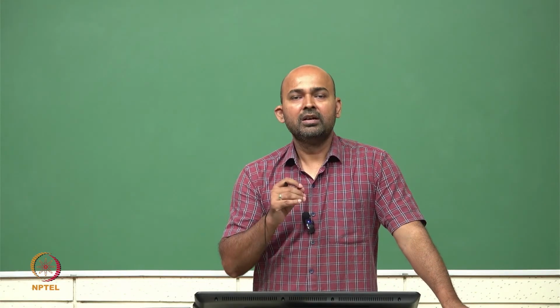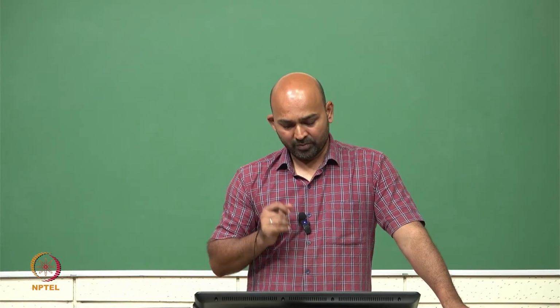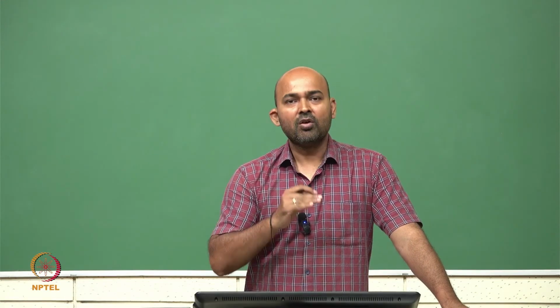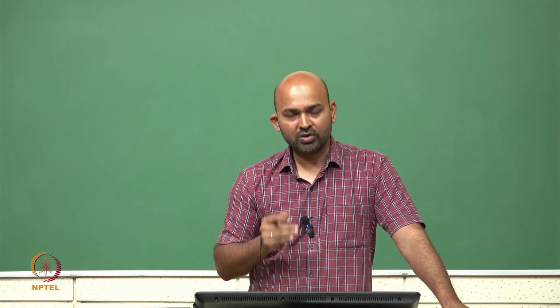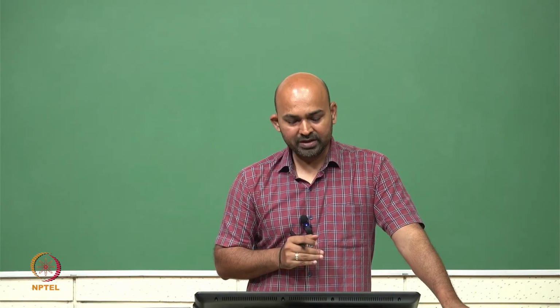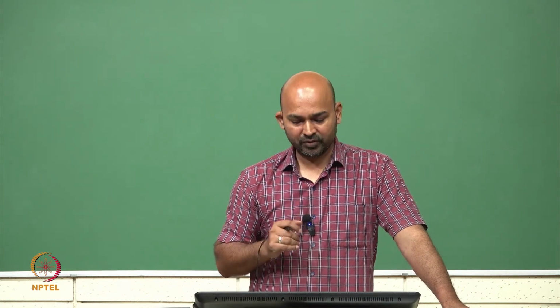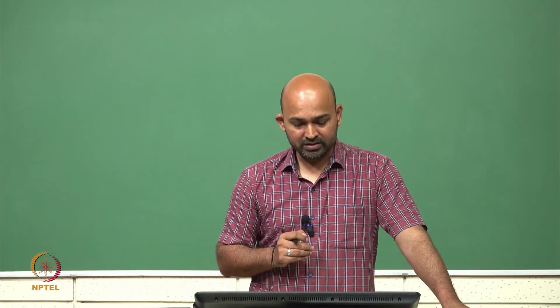We want a precise number, for example nominal number. We want to buy a 47 kilo ohm resistor from the market, but it can always change based on the tolerance. So the next step is now what is the maximum value it can have, this 47 kilo ohm, or what is the minimum value it can have, that we want to calculate based on the tolerance.